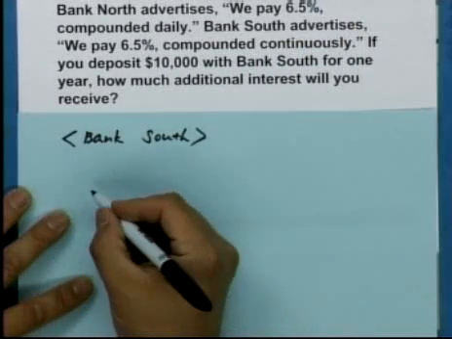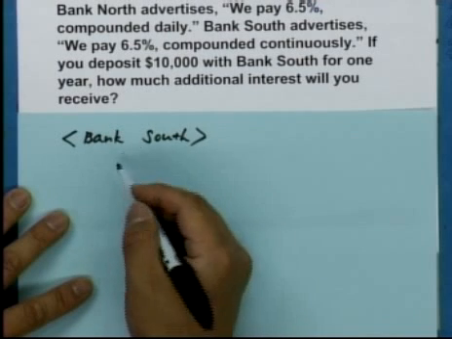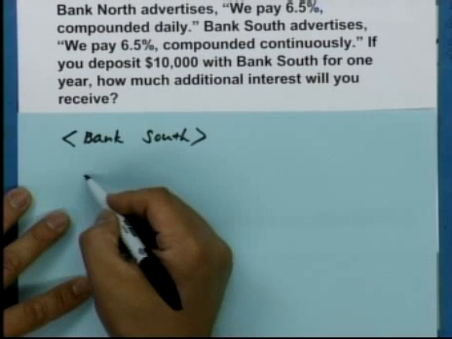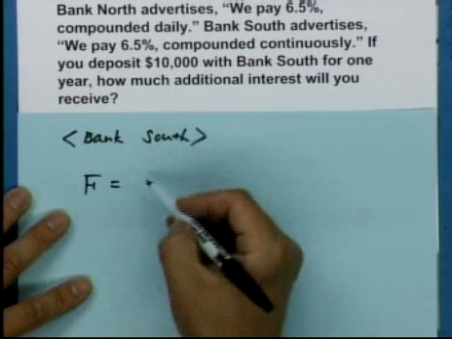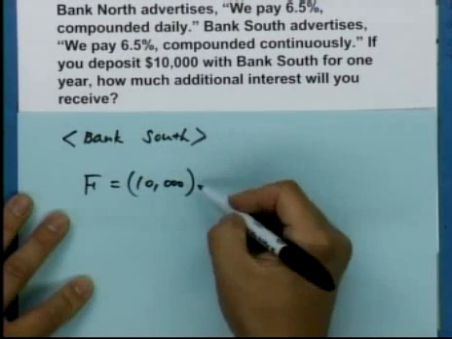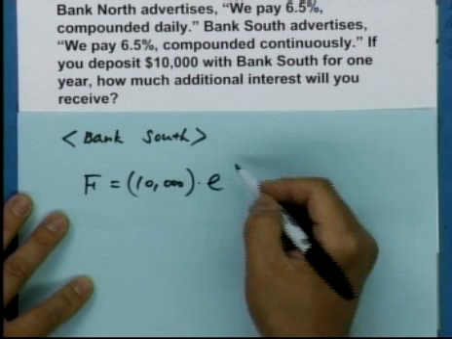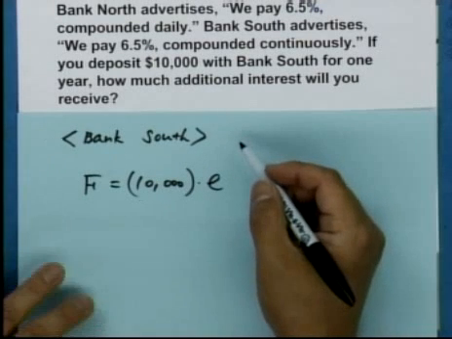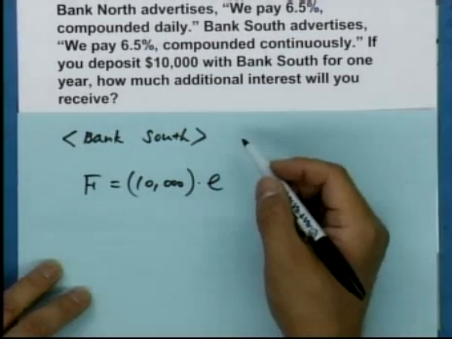So if you deposit $10,000 with Bank South for 1 year, the future sum of money, F, becomes 10,000 times e to the power R. What is R?